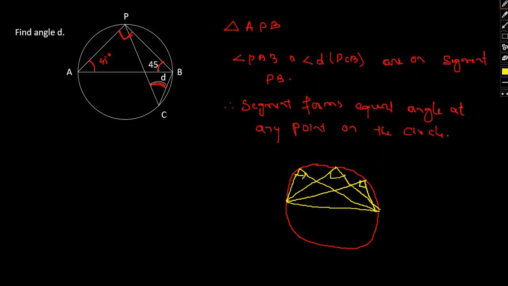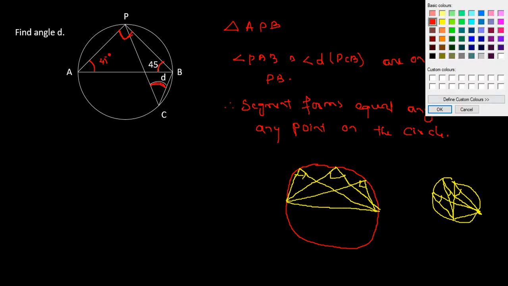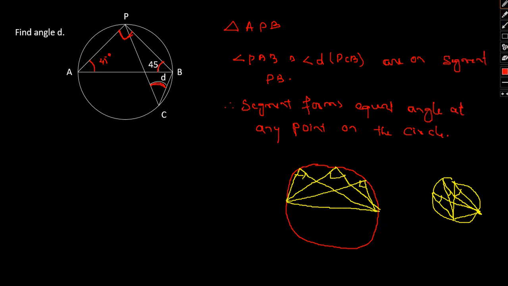So at any point, the angle formed by the diameter will be 90. Similar will be the case if I take this chord. If I form this angle, its value will be the same as this angle's value, and the same as this angle's value. The value will always remain the same. I hope this is clear.